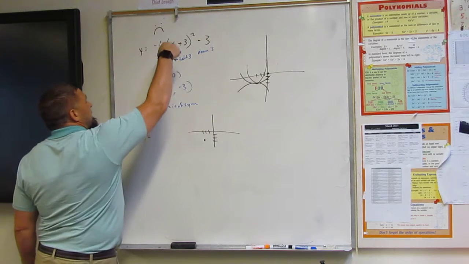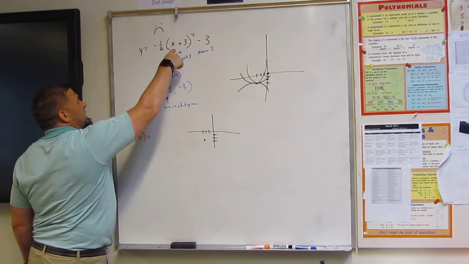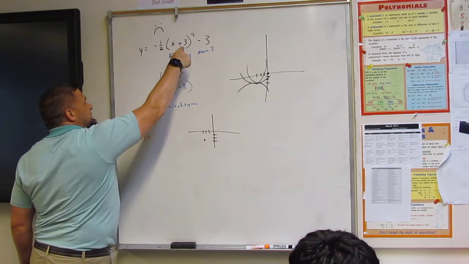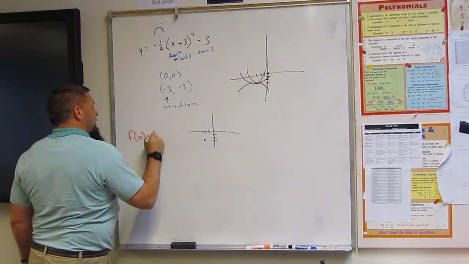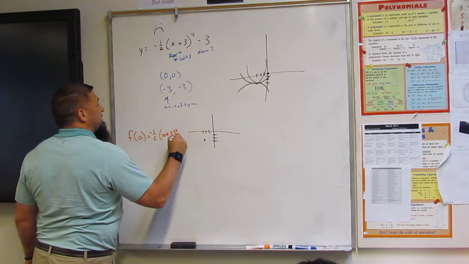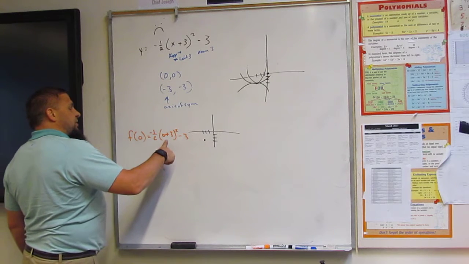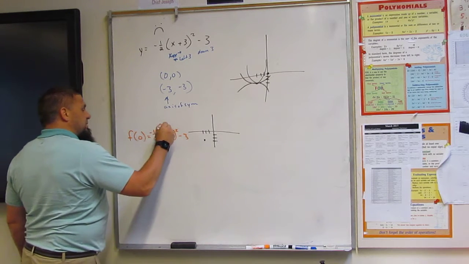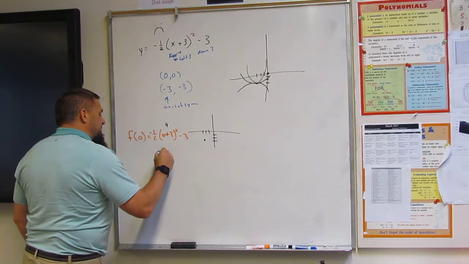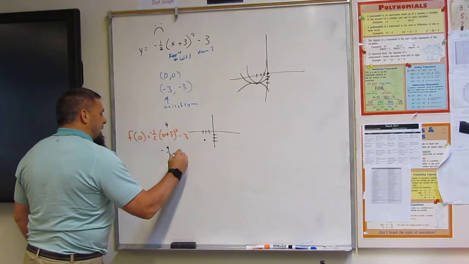So in this case, I've got 0 plus 3, which is 3. So I'm just plugging in negative 1/2 times 0 plus 3 squared minus 3. So that's going to be 3 squared, which is 9, right? Then it's going to be 9 times a half, so negative 9/2 minus 3.